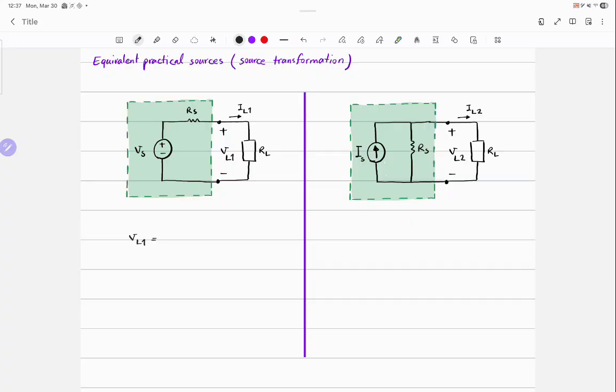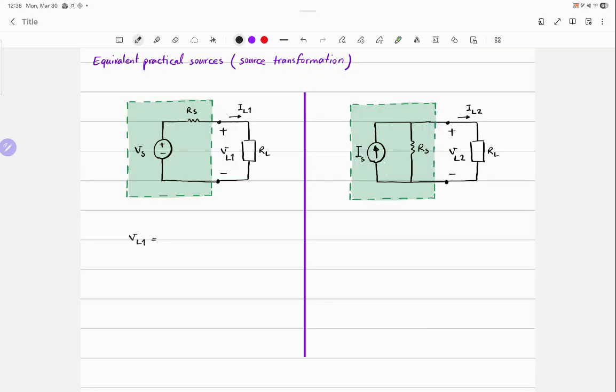Okay, that's correct, except that I want you to think: in these two circuits, which quantities do I know? I know Vs, I know Rs, and I know RL, but I don't know VL and IL. So writing VL in terms of IL is not actually ideal. So I want to write it in terms of the known quantities, which are the two resistors and the voltage source.